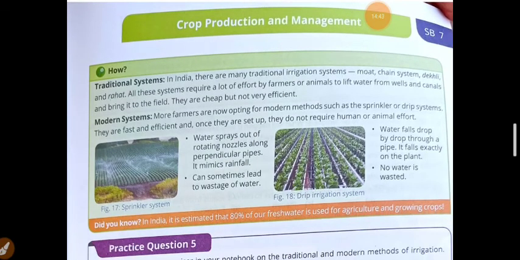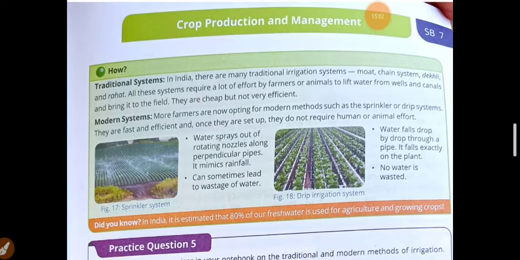How is this done? There are two systems. The traditional system includes the mot, chain system, Dakli and Rahat, which are very cheap but not very efficient, because the water has to be lifted from the wells by animals or humans and then brought to the field.